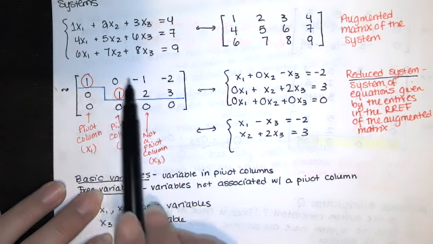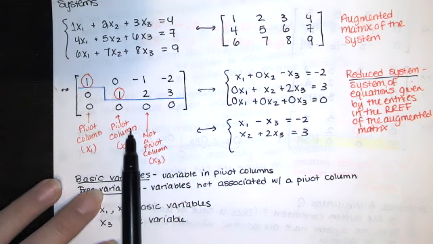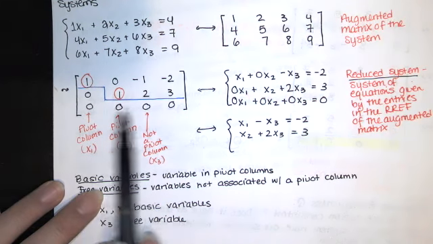Also, we want to look at the number of pivot columns that we have relative to the total number of columns.